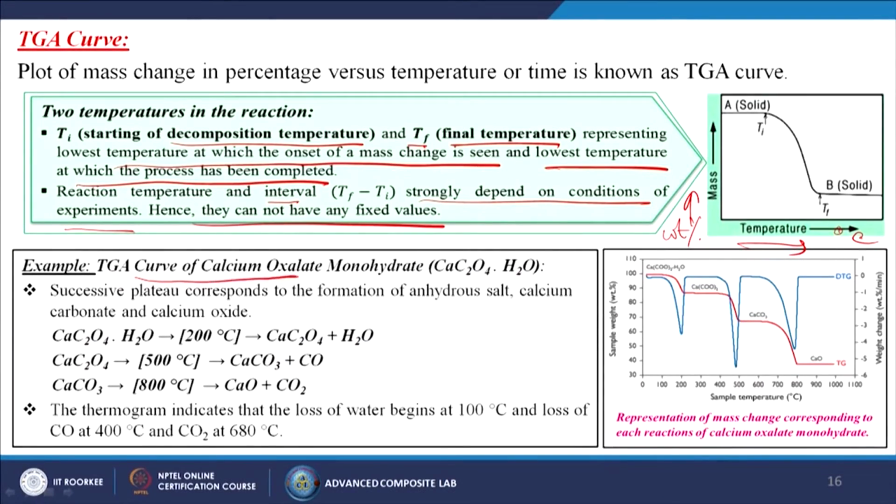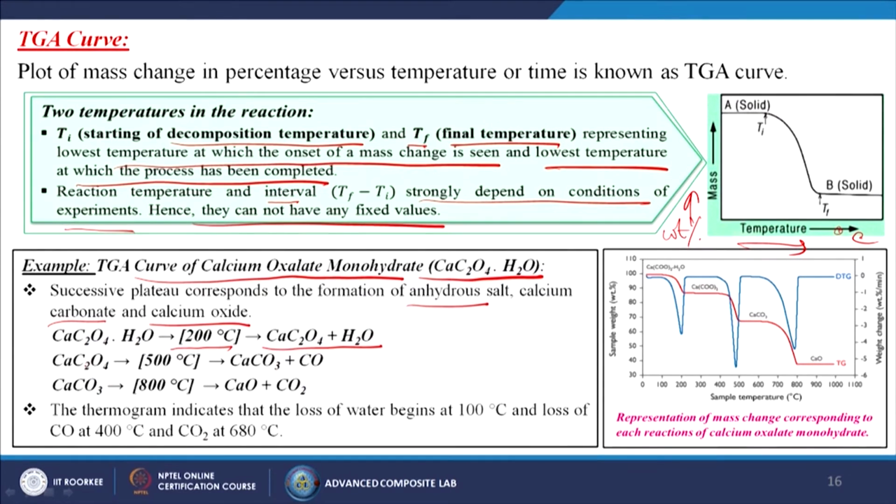For example, the TGA curve of calcium oxalate monohydrate, CaC2O4·H2O. Successive plateaus correspond to the formation of the anhydrous salt, calcium carbonate and calcium oxide. So, CaC2O4·H2O, if I heat it up to 200 degrees centigrade, will form CaC2O4 plus H2O.